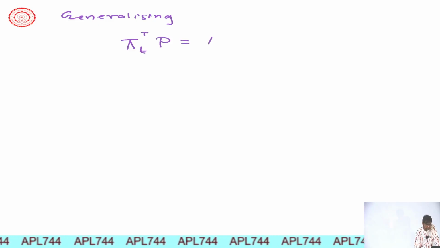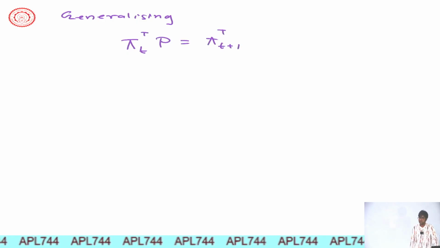Basically, even with dependent samples, you can draw samples from the same distribution. Generalizing, I can write pi of t transpose times P is equal to pi of t plus 1 transpose.